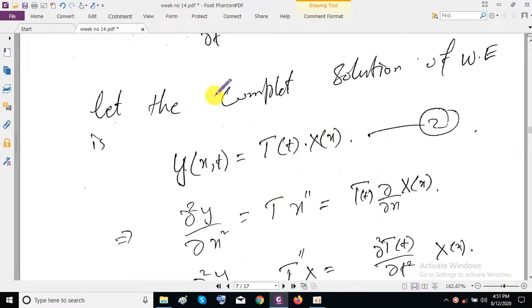OK, now take the derivative of equation 2 twice with respect to x. So we get partial square y by partial x square.